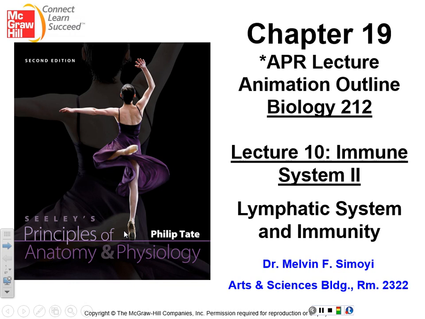So today we'll talk about adaptive mechanisms, where this will be attacking a specific microorganism. We'll talk about antibody formation, and we'll talk about cytotoxic T cells that kill specific foreign microorganisms, all right?